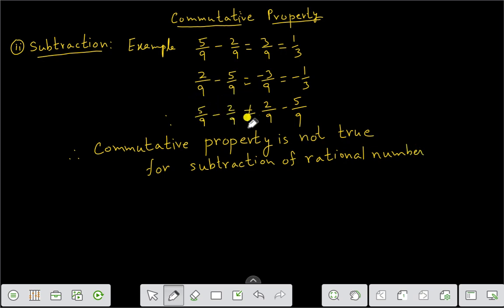You see, 5 by 9 minus 2 by 9 is not equal to 2 by 9 minus 5 by 9. Therefore, you can say that commutative property is not true for subtraction of rational numbers.